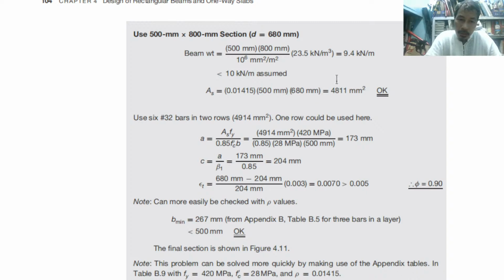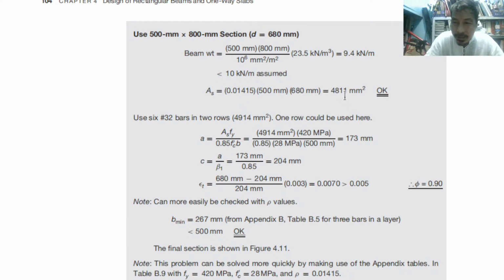So from this area we can find out from the table or from actual computation the size of the bars. We use 6 pieces of number 32 bars. We can have this total. Okay, so the total is actually 4,914. Our requirement is 4,800.